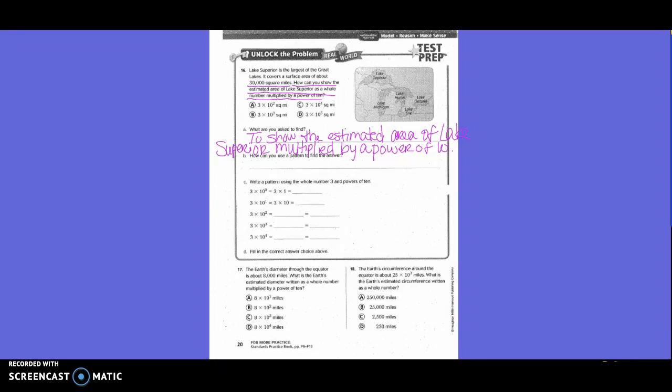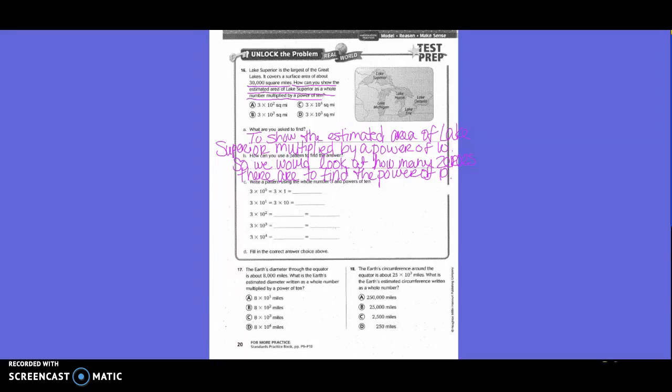So what were you guys using before to figure out the power of 10? You were figuring out how many zeros there were, and then of course if it has a whole number you have to multiply it by that too, right? So we would look at how many zeros there are to find the power of 10.